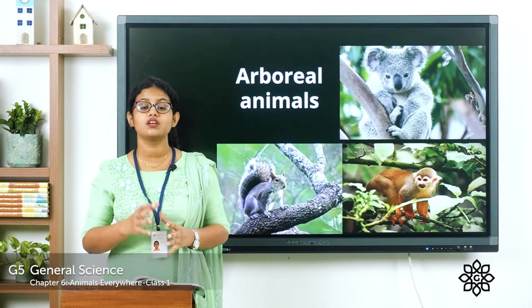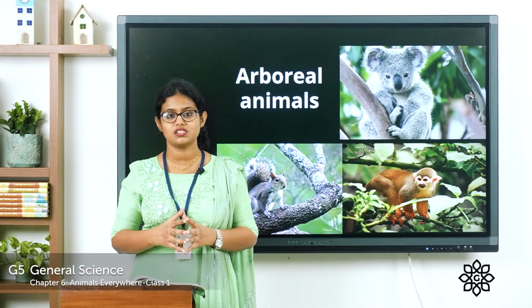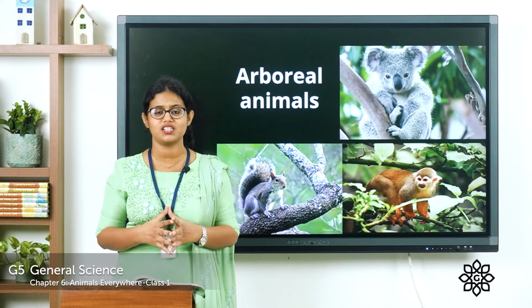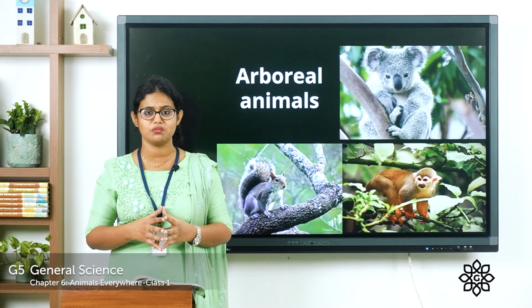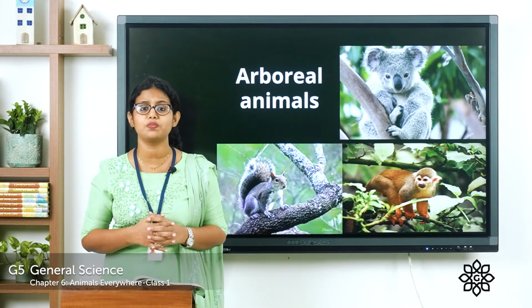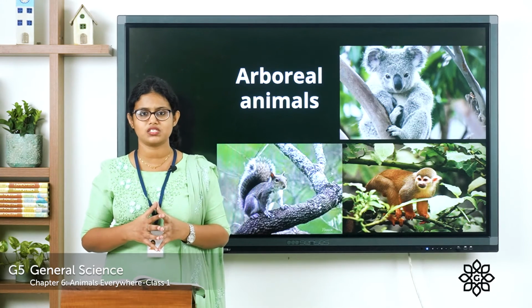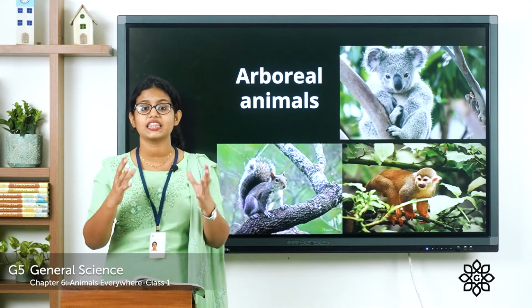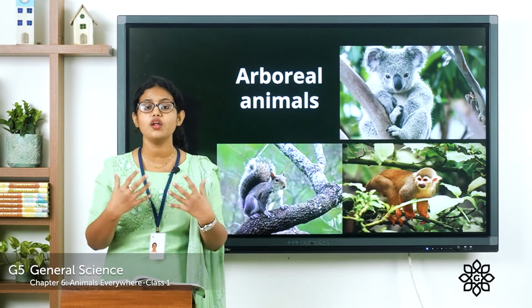The next one is the arboreal animals. Animals that spend most of their time on trees, we call them as arboreal animals. Monkeys, squirrels, all these are examples for arboreal animals. And even these animals have their own special features that help them to live on trees.